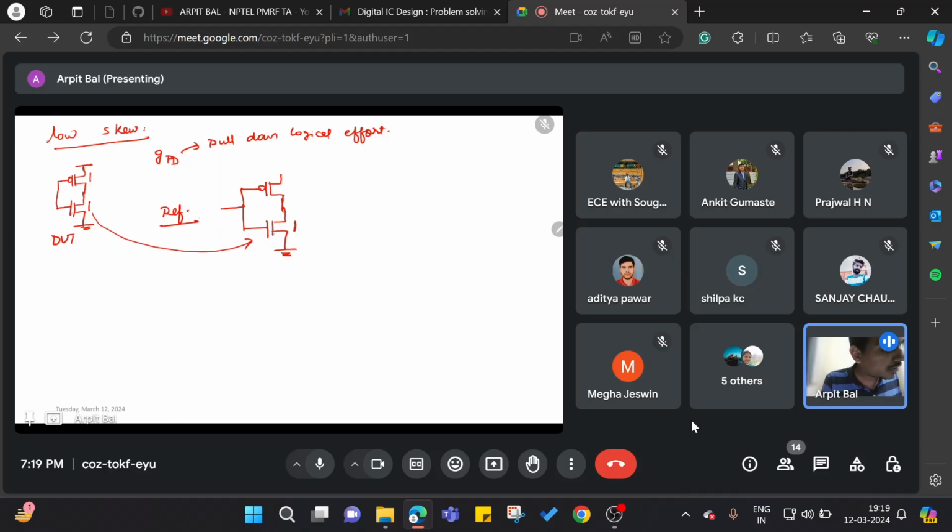So if my NMOS is 1 and I want symmetric swing, what should be my PMOS width?